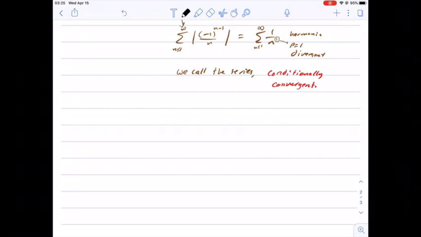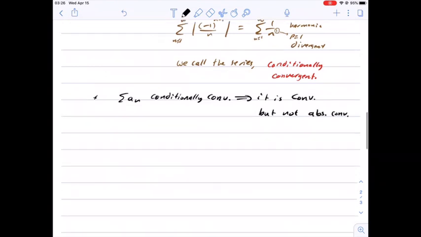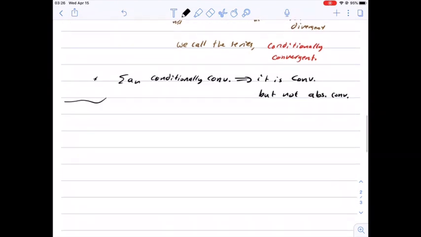And actually, this is weaker than the absolute convergence. And in general, if the series is conditionally convergent, then it is convergent, but not absolutely convergent.